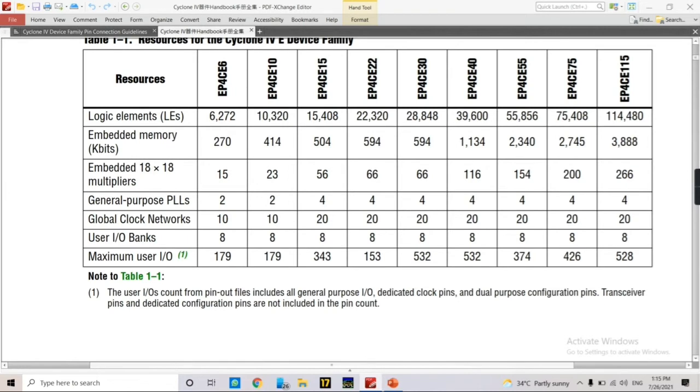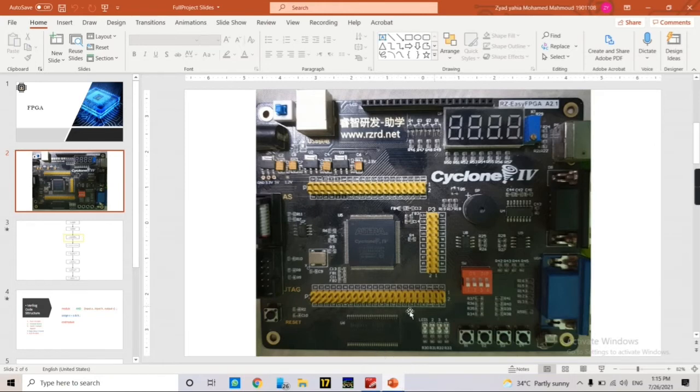Embedded memory. You have two memories in the FPGA board. In the FPGA chip itself, there is an embedded memory inside the chip, and there is outer memory on the board.